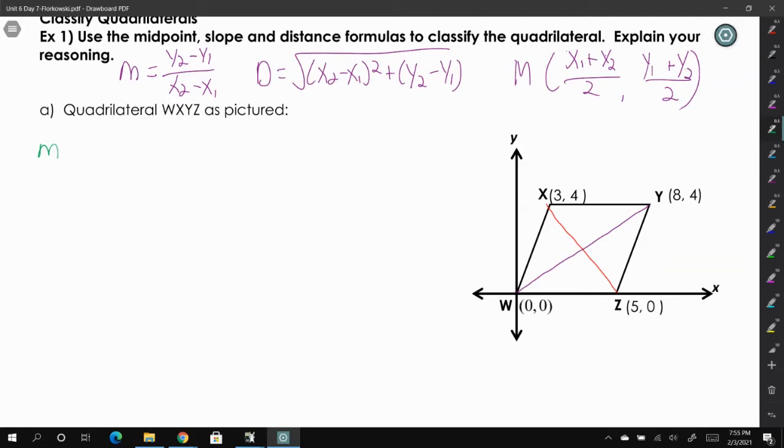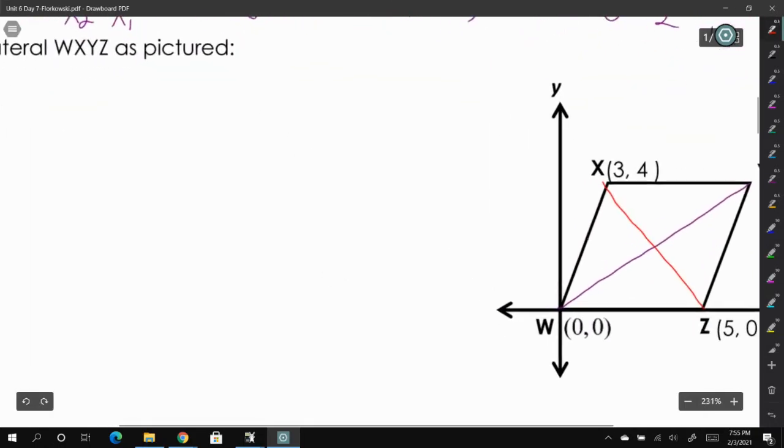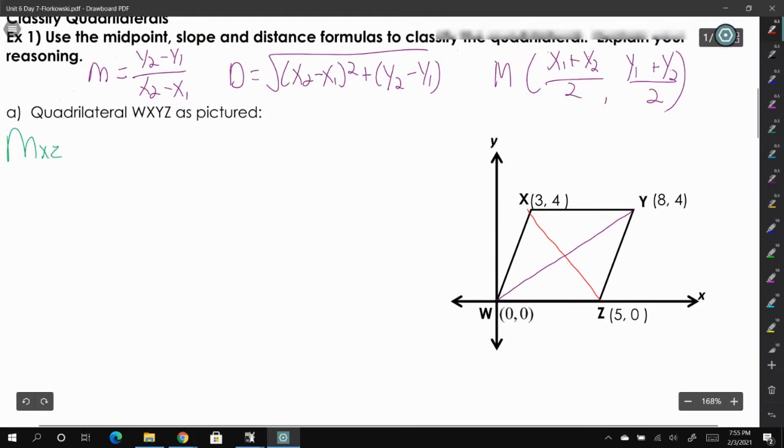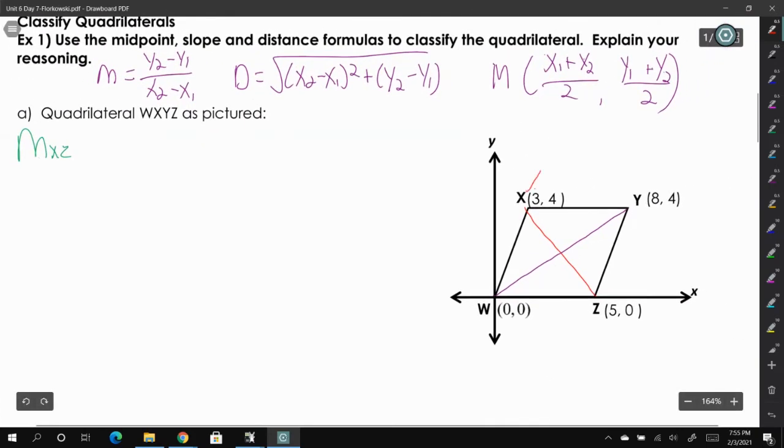So I'm going to do the slope of each line. So the slope of XZ, and it doesn't matter which point you label x1, y1, just as long as you're consistent. So x1, y1, x2, y2.